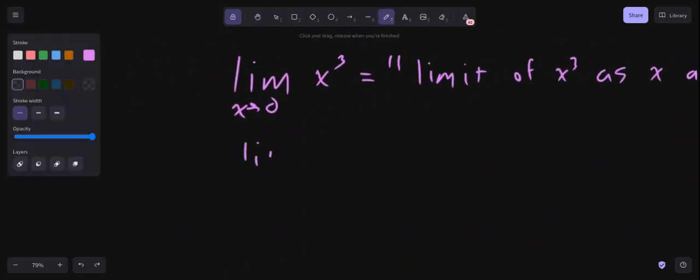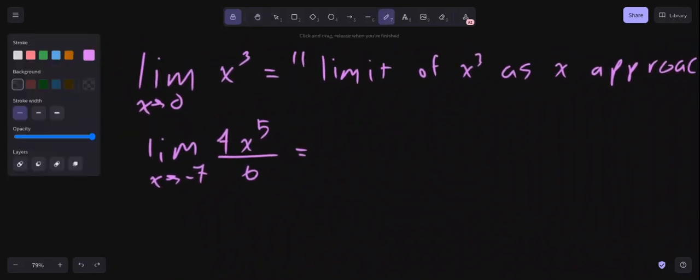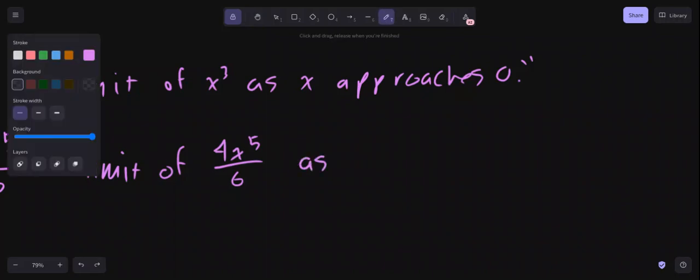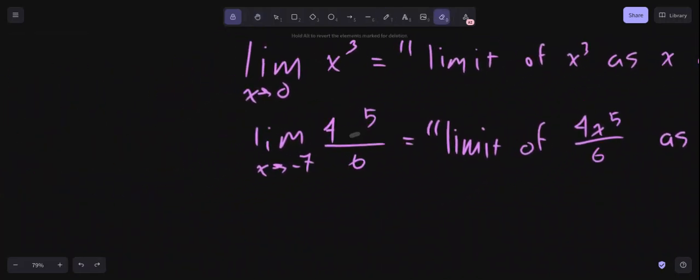And if we had something like the limit of 4x to the 5th 6, as x arrow negative 7, what does that translate to? That would be said out loud as the limit of 4x to the 5th 6 as, and actually, instead of x, they use another variable.